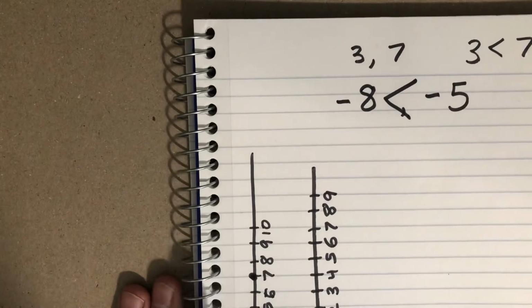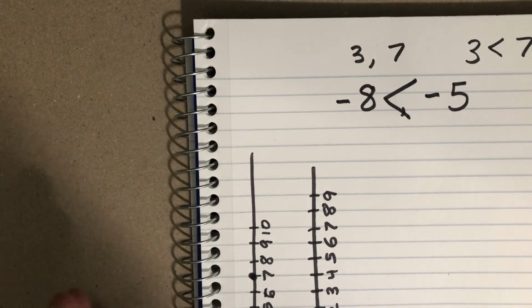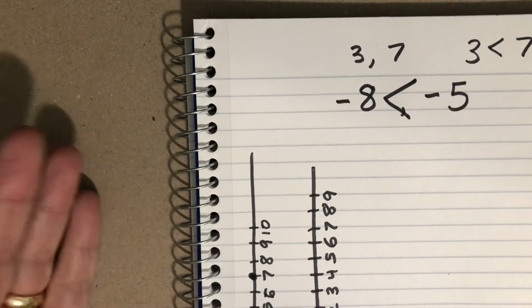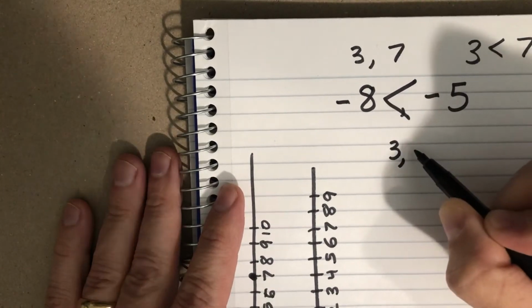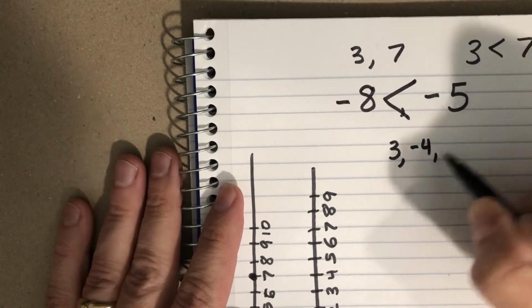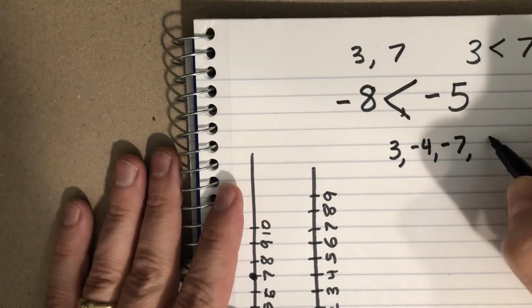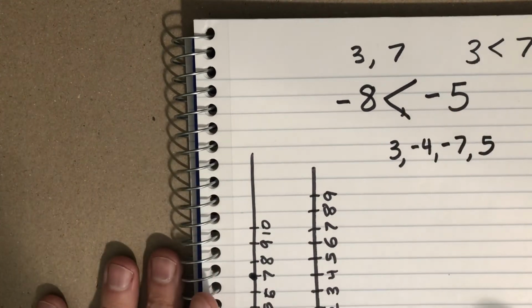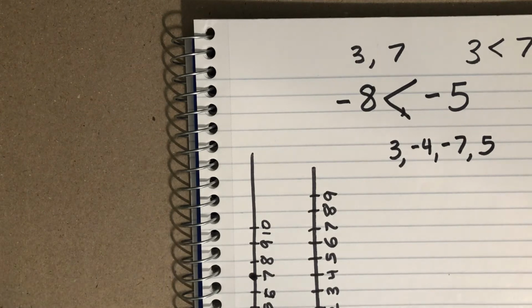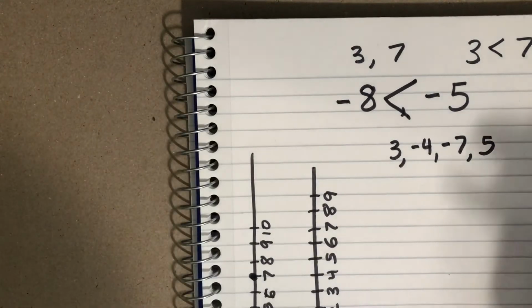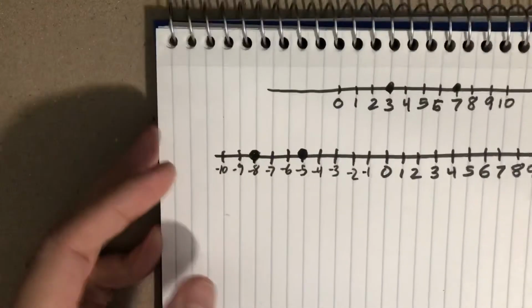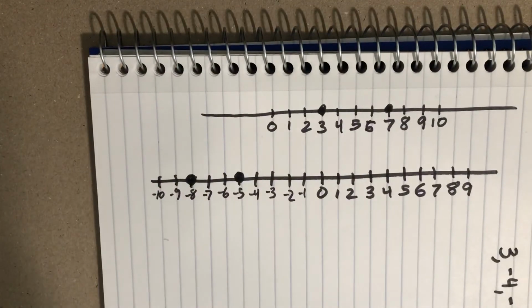That brings me to my last type of question, which is when we've got to compare numbers and put them in order. For example, if I was asked to put the numbers +3, -4, -7, and +5 in order from least to greatest, I can use my existing number line to make that happen. I'm just going to grab a different color so I can use my existing number line, and identify each of those numbers.